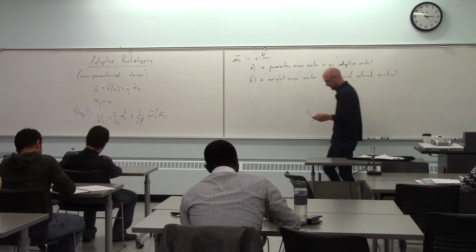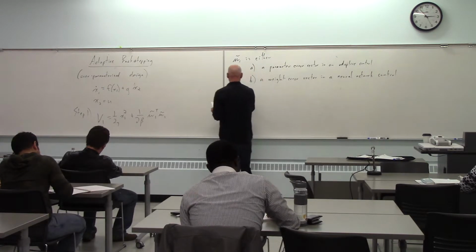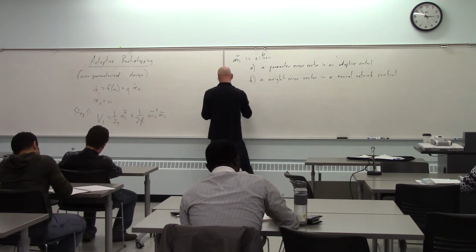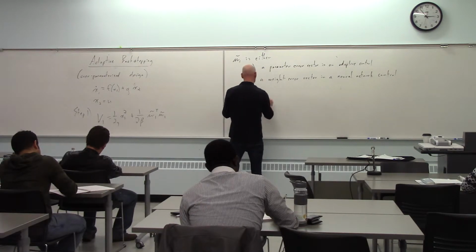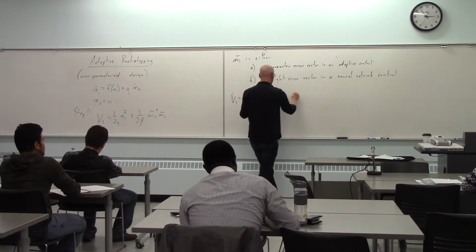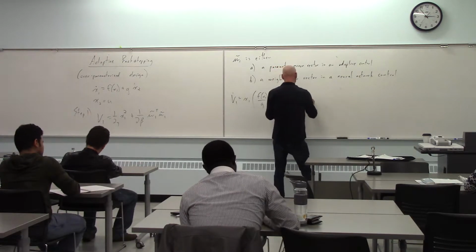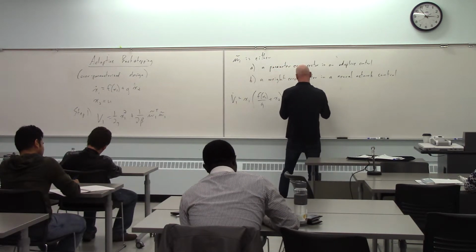The math will be the same in either case. So V1 dot is equal to x1 f of x1 over g plus x2 minus 1 over beta W1 tilde transpose W1 hat dot.